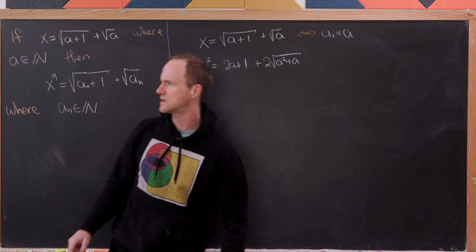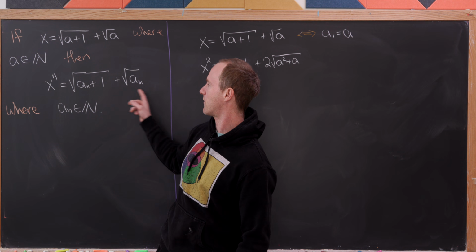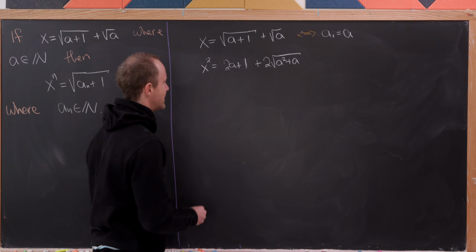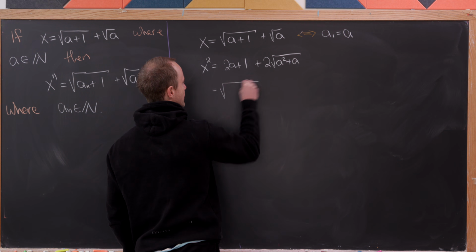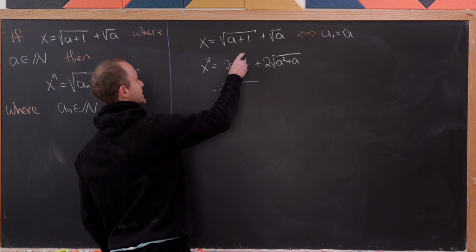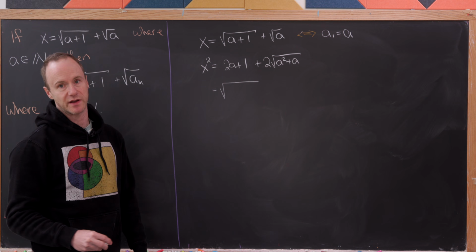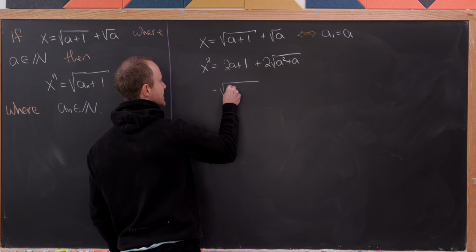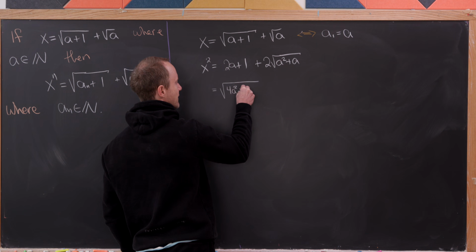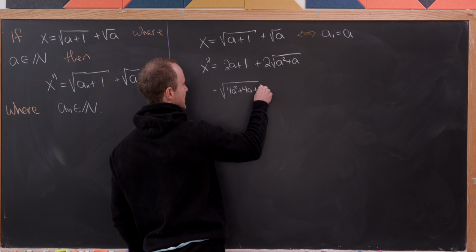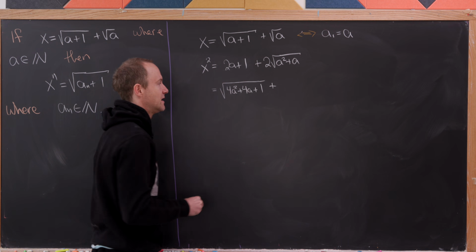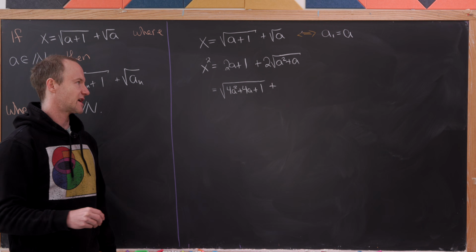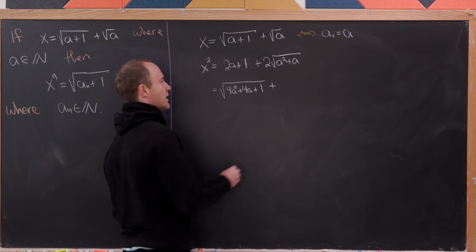But we want to rewrite this in the form like this over here, but that's not too hard in this case. Notice that's going to be the square root of, and then we'll simply square 2a plus 1 to put it inside there. If we square 2a plus 1, we get 4a squared plus 4a plus 1. And then here we'll bring the 2 inside. But bringing the 2 inside the radical means we have to square it.